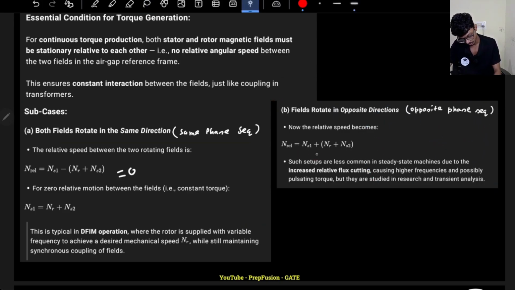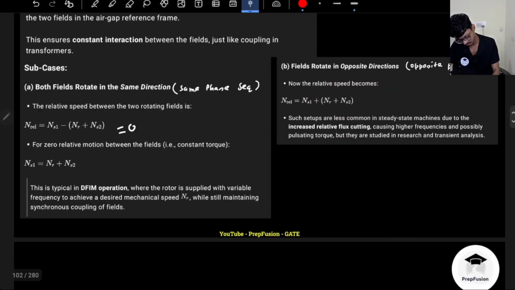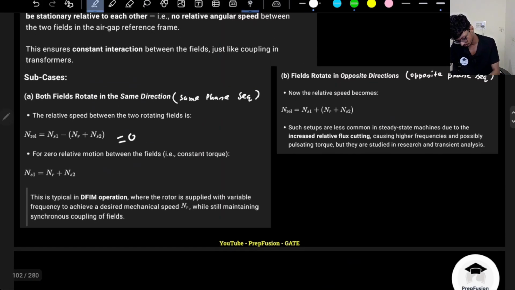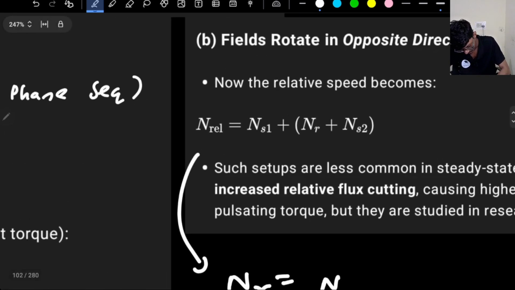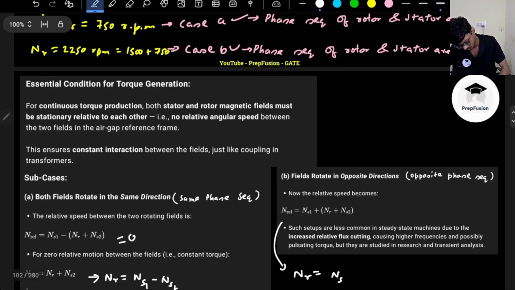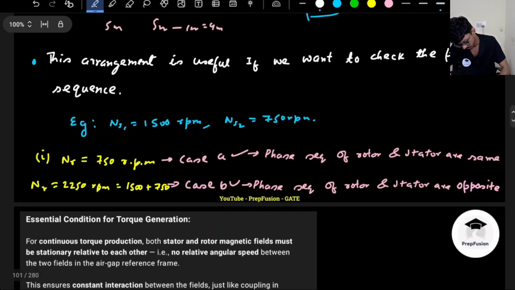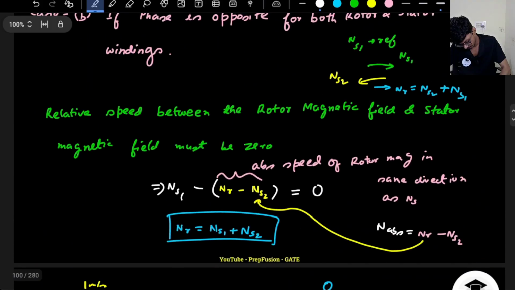Okay, so yeah, your n relative will be this. So from here your nr comes out to be ns1 minus ns2, and here n relative will always be 0, right? So nr will be equal to ns1, like this. ns2 should be with a negative sign basically, sorry, the equation was this, right?